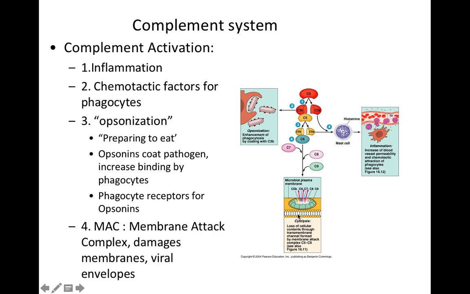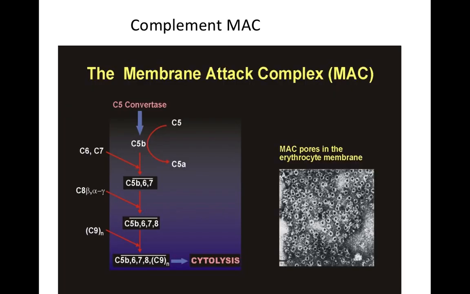So if this was a cell, with all these holes in your membrane, you're going to lyse, right? So you can have direct lysis of cellular organisms, or we could damage the viral envelope, and once we damage the viral envelope, it's no longer infectious, right? So the membrane attack complex, that's so cool.